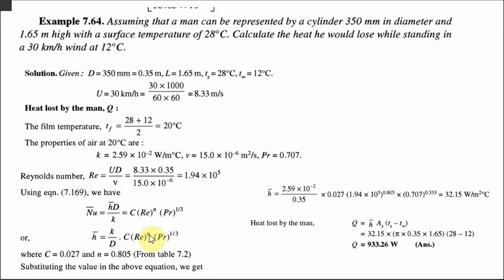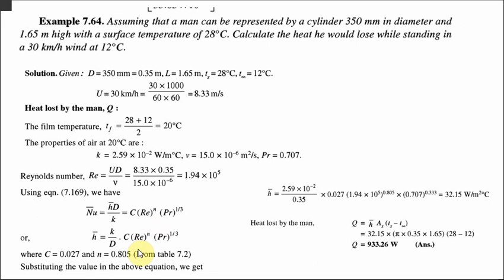The values of n and C can be obtained from the table given in page number 124 itself. Based on the Reynolds number, it is coming in the range of 40,000 to 4 lakh.